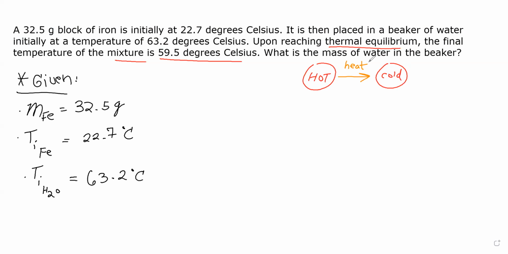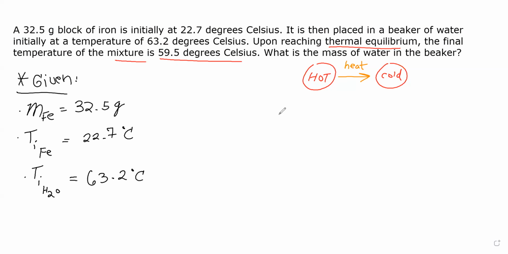Heat is always transferred from hot to cold. This energy exchange is driven by a temperature difference. Again, the transfer of heat or thermal energy is driven by a temperature difference.